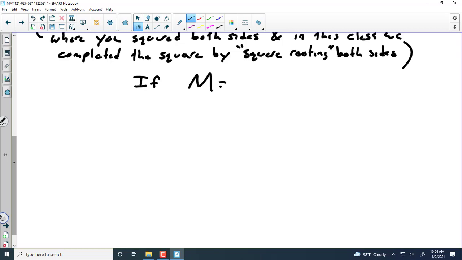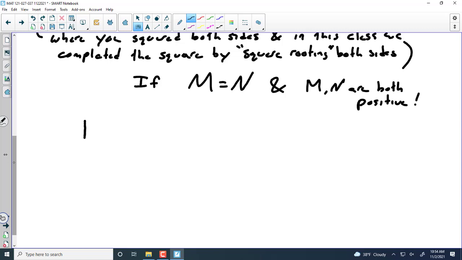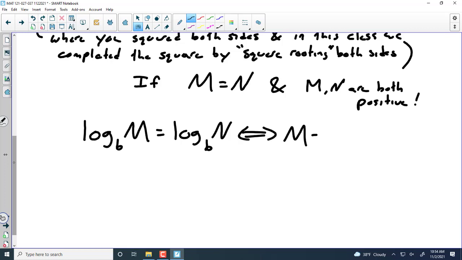If m equals n and m and n are both positive, if we have two things that are equal and they're both positive, then it is the case that they're still equal with or without having logarithms there, as long as they're the same base logarithm.